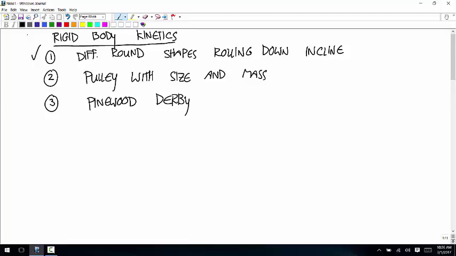So it's not really these examples that are important. It's being able to apply the steps for rigid body kinetics to a few different types of questions. So always the same steps, and I try to bring out the steps as we go through.